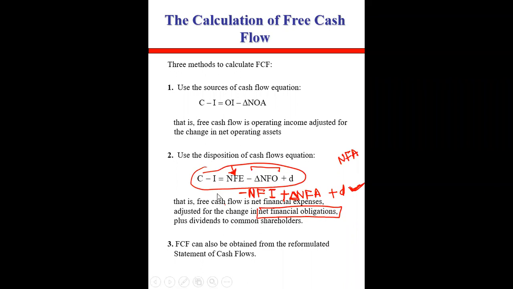Let's try to find out what the net finance expense is for Nike.